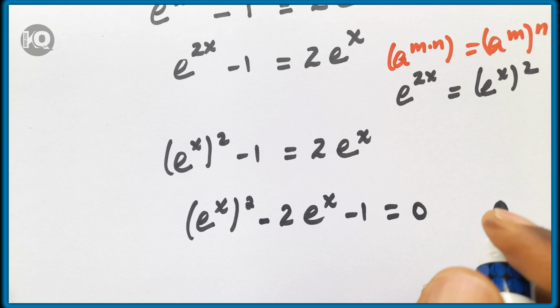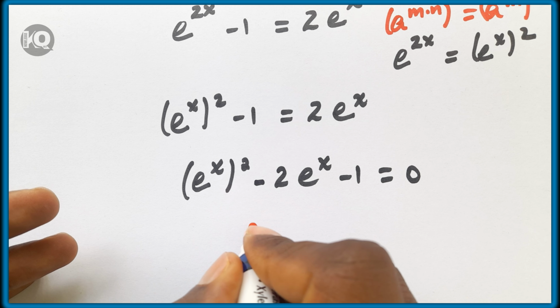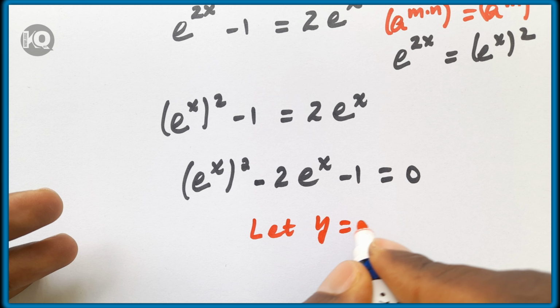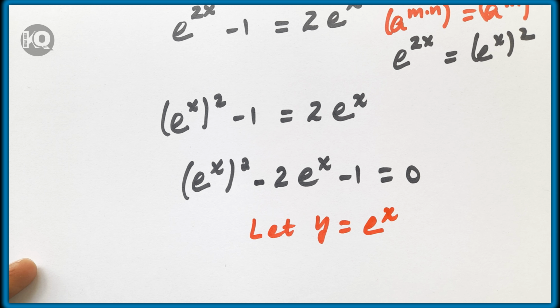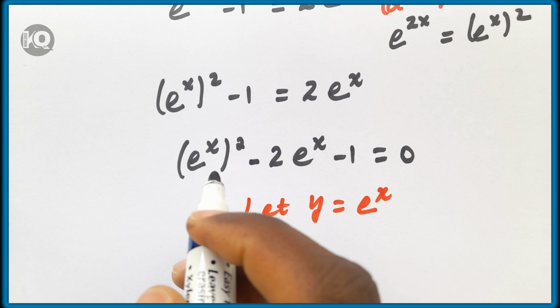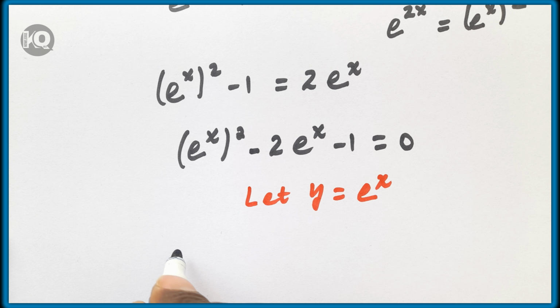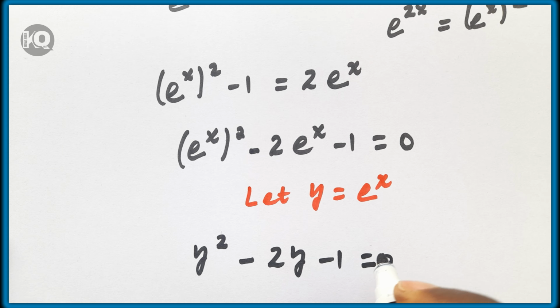Now let's apply substitution. Let y be equal to e to the power of x. When we substitute y in place of e to the power of x, it will be y squared minus 2y minus 1, which is equal to 0.